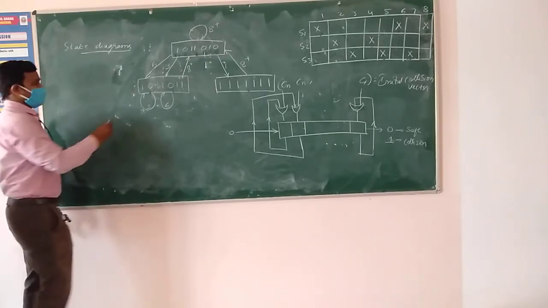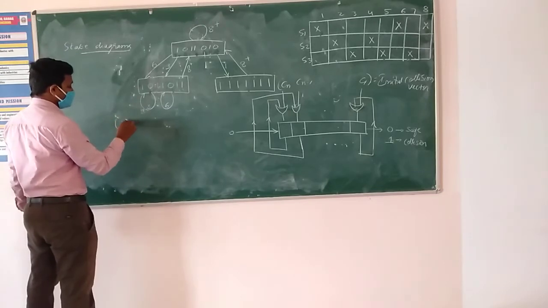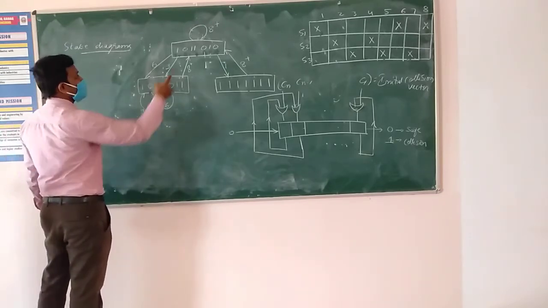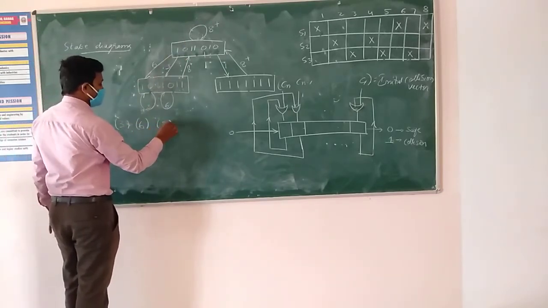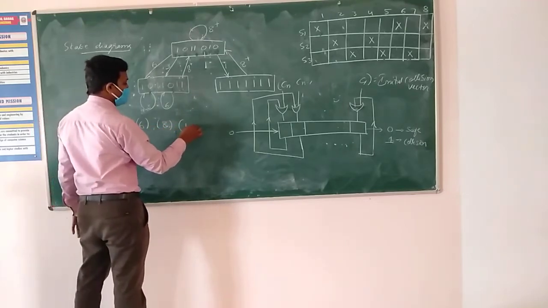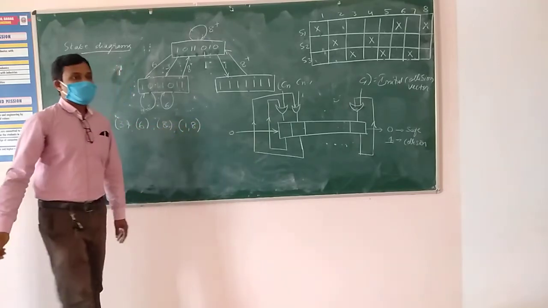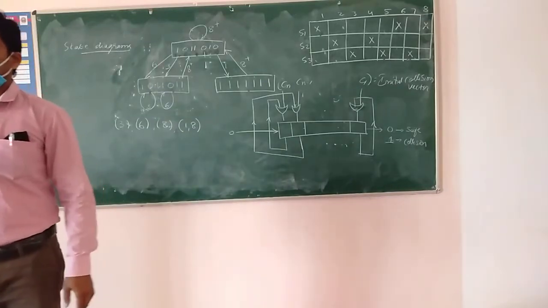Okay? So we can observe that 3, 6, then 8, next 1, 8. What is the latency cycle?